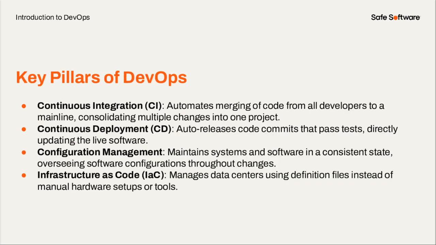Okay, so let's dive a little bit deeper into the key pillars of DevOps. These are the things we're going to talk about in depth today. So first, we've got continuous integration. So this is all about automating the merging of code from all of your developers, or in FME's context, your workspace builders, to a main branch.